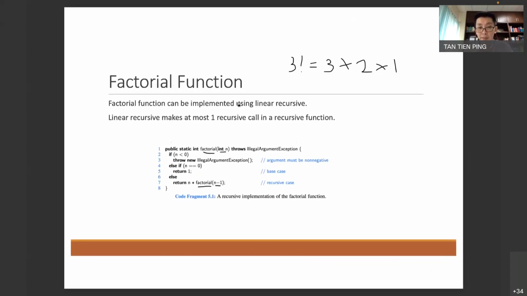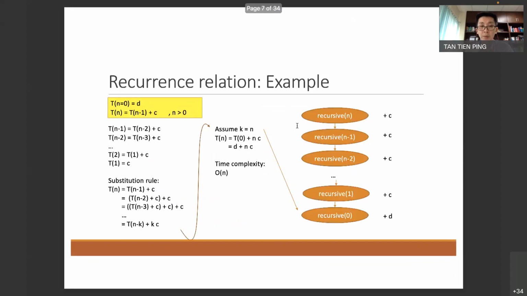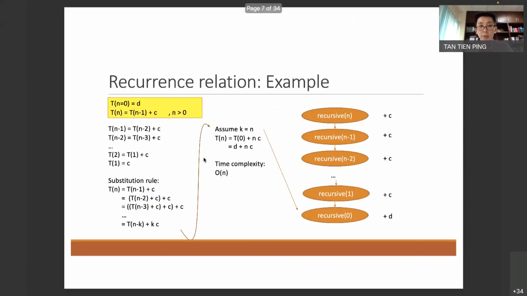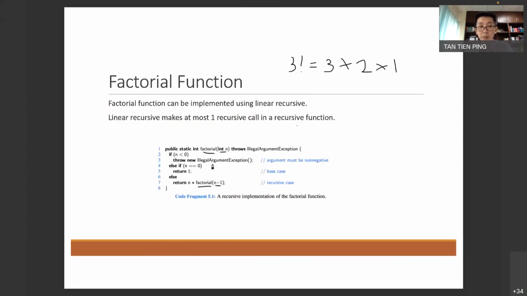So this example is similar to the function that we have, where n is reduced by 1 every time and it performs some constant operations. And if you count how many constant operations are performed: 1, 2, 3, 4, 5, 6, around that number.